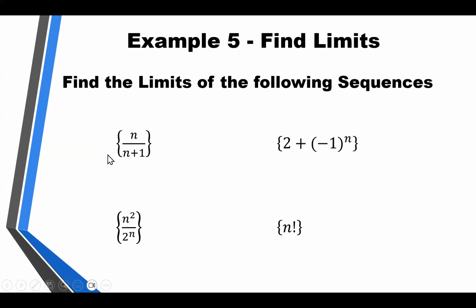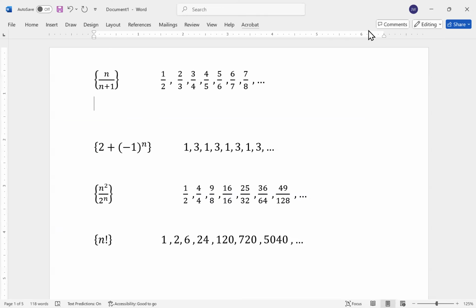They're not all going to do the same thing. There's a couple of different ways to determine the limits. One of them is to write out a bunch of terms and then just use common sense to determine what they are. In this first case, we have n over n plus 1.